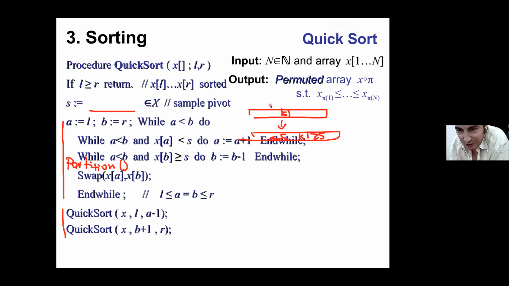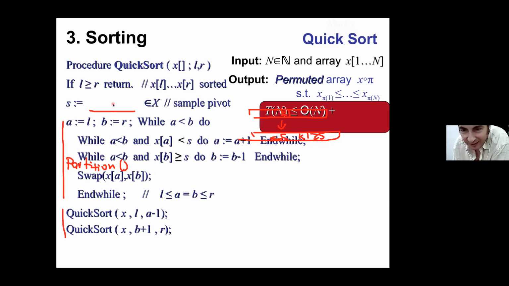So we can achieve that everything on the left is less than everything on the right with this partition. But the problem is that we cannot achieve that the parts are equal, or in fact, we cannot know how unbalanced this partition of left and right is. That depends on the choice of the pivot element. You can choose some element in the array, the middle element, or the left element or the right element, but whatever you choose, you do not know in advance how well s separates left from right.